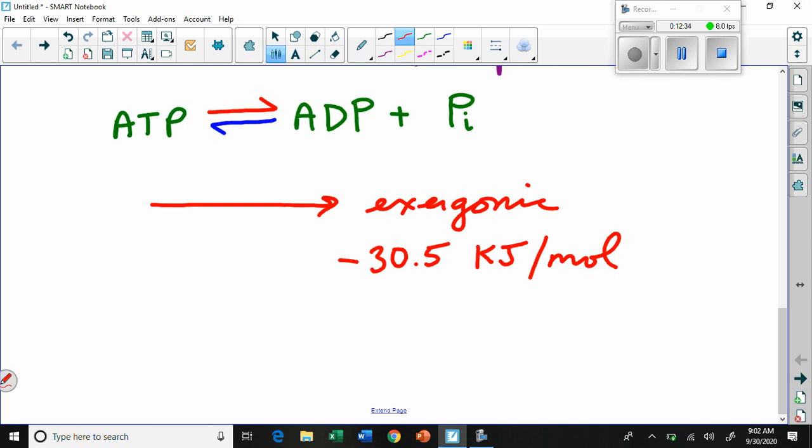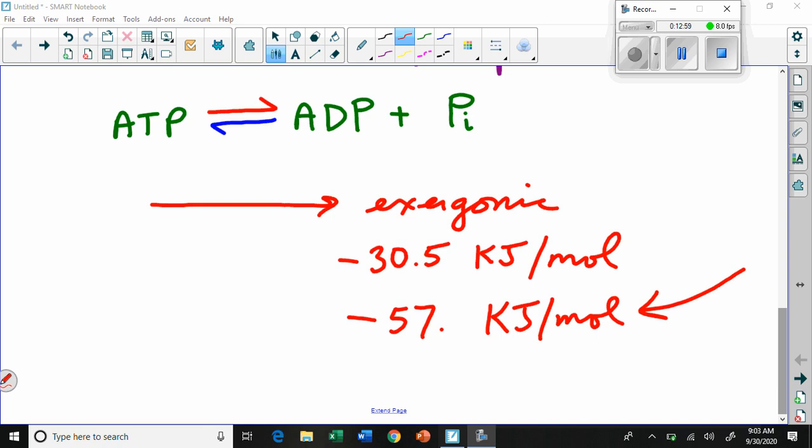And inside a cell, because of the conditions, we can actually get closer to about 57 kilojoules per mole. So the amount of energy that's available inside the cell is actually more than we can achieve by doing this in controlled conditions in a laboratory, which is kind of interesting. Okay. So in a cell, when this ATP hydrolyzes and releases its phosphate, there is going to be somewhere between 30.5 and 57 kilojoules of energy that can be released, depending on the conditions at that immediate moment within the cell.